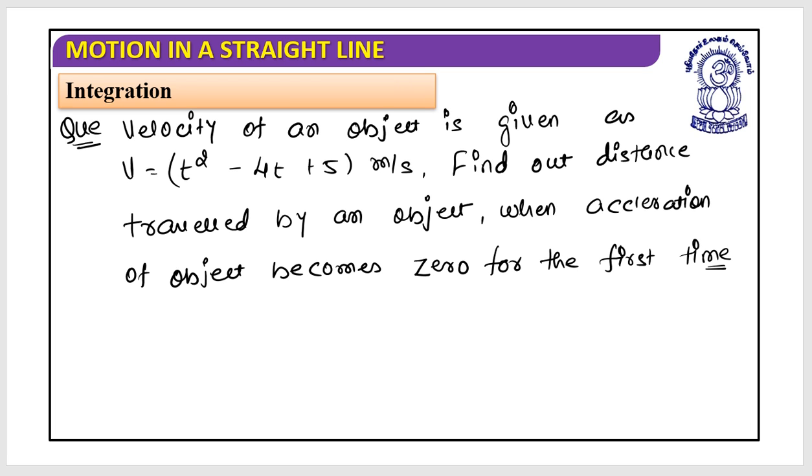Go through this. What they have given is the velocity of an object, and you need to find the distance traveled when the acceleration becomes 0 for the first time.